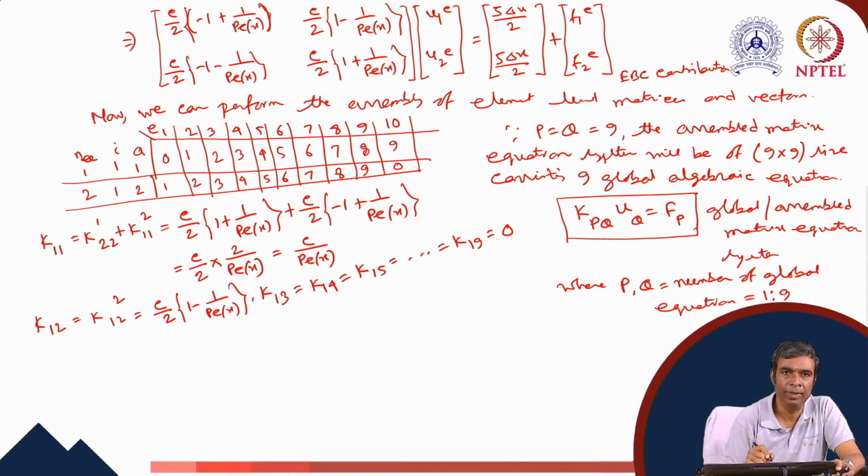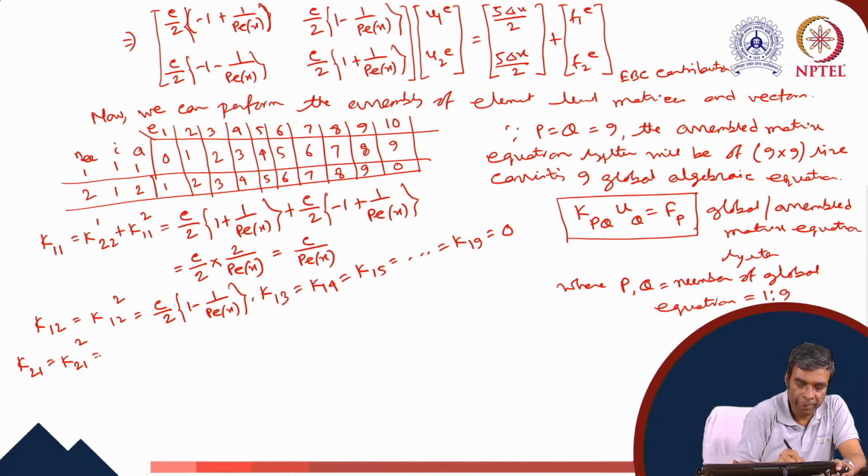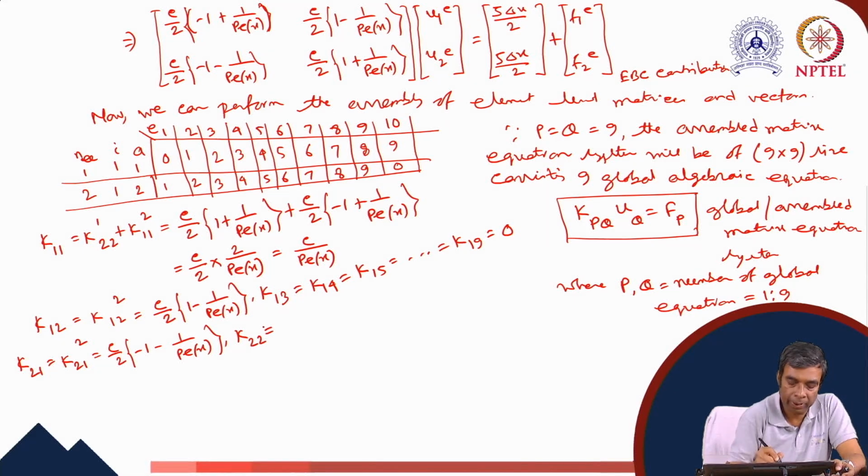Now we go for the second row. Then we have K21. K21 will be K212. Obviously, we can write K212 as C by 2 into minus 1 by PEX. Then we have K22, which equals K222 plus K113.